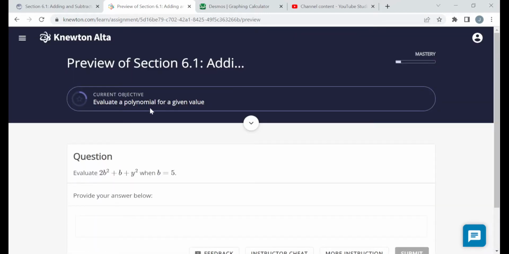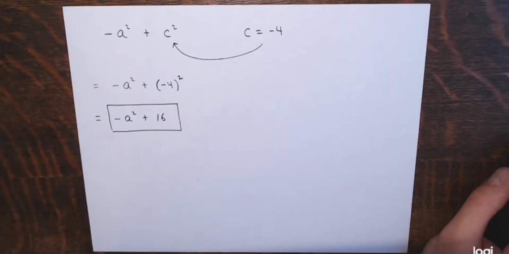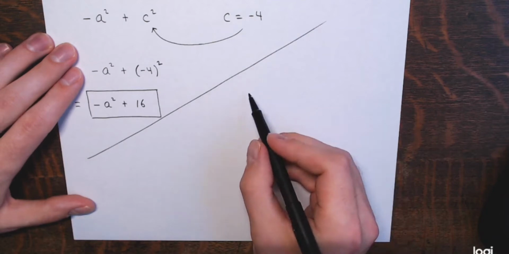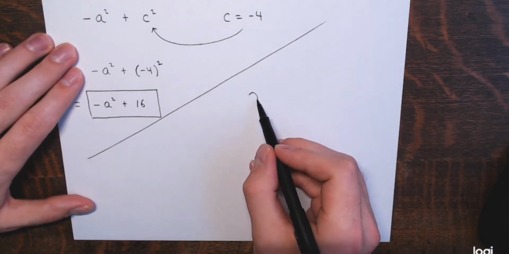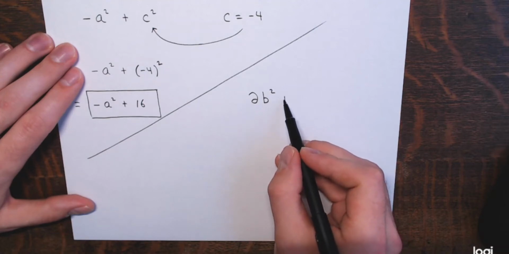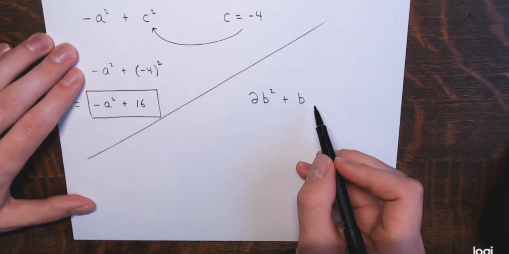Once again, another evaluation. They give us some expression here, some polynomial. This looks like a trinomial, a sum of three monomials. There are some b's and a y, and we're asked to just plug in 5 for b and simplify. I'll do this on the same page here. We're given this expression, 2 times b squared plus b plus y squared.